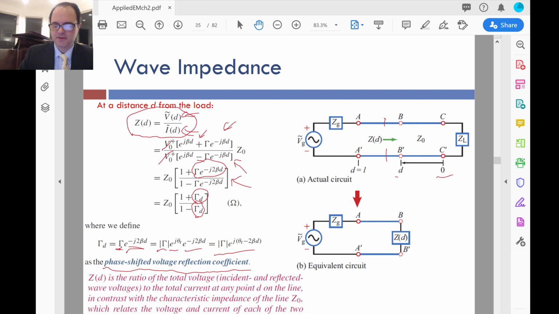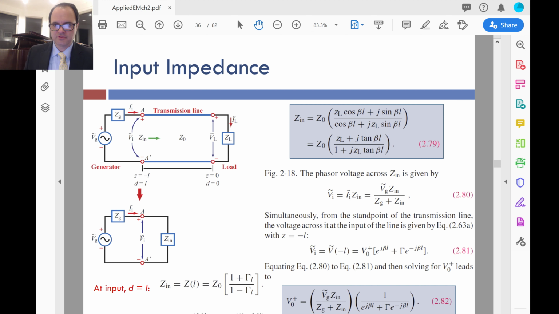And the magical thing about this, the reason why it's very useful, is that you can lump the impedance of the line and the load all together at these points D. So you replace the load and all of the effects of the line with one element that has this impedance Z sub D, Z as a function of D. So it's very, very useful.